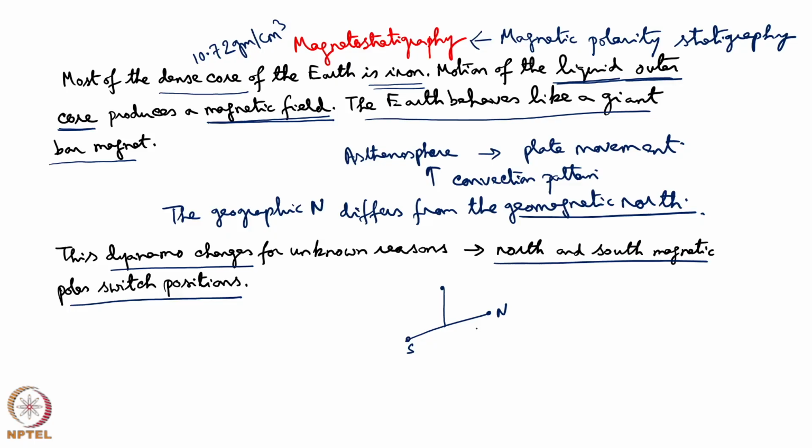But imagine that the outer core's convection changes. What will happen if it happens right now, instantaneously? This needle will orient just the opposite way. In the earth history, the magnetic polarity reversal has happened, and based on the study of the rocks, we have interpreted several such transitions.